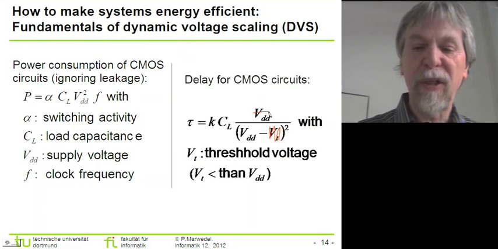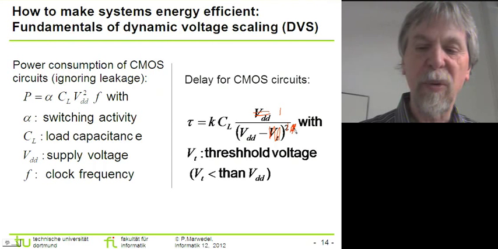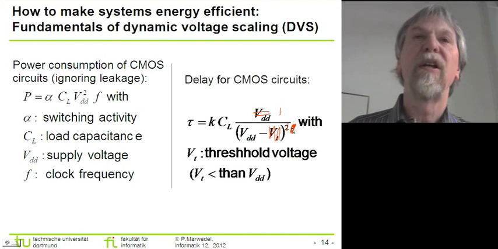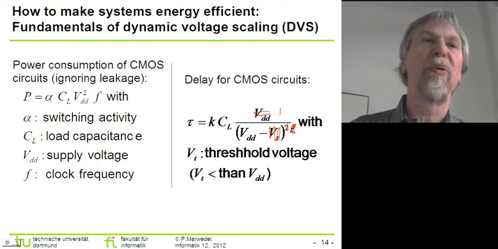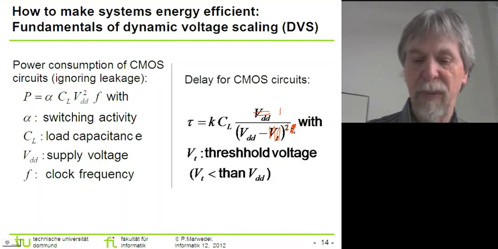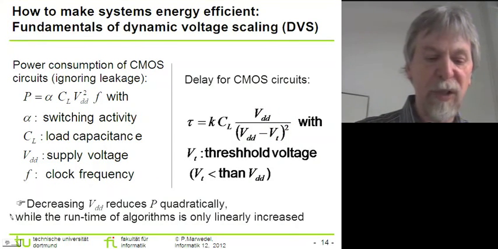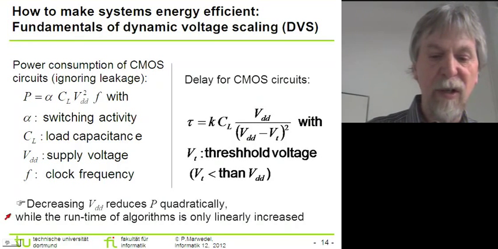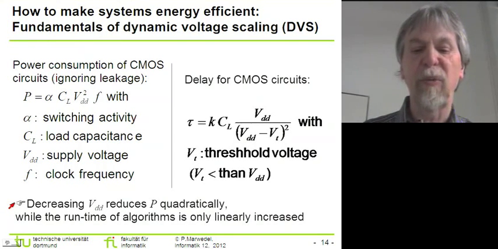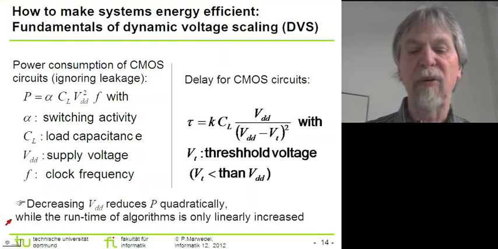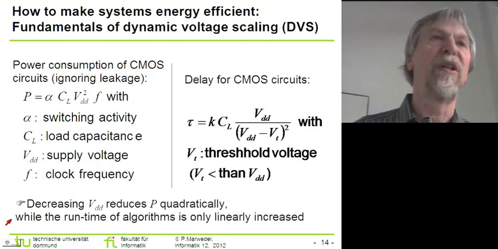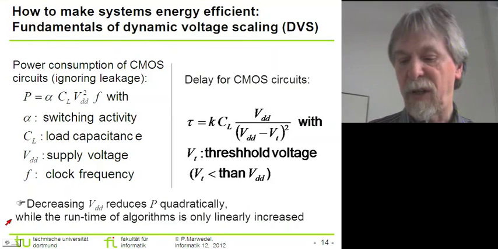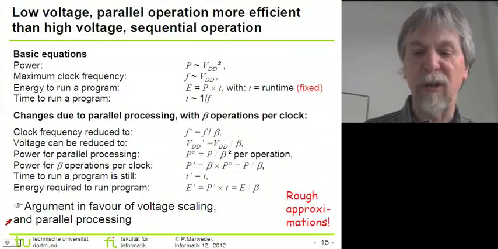If we do that, we can simplify this equation, and we would have, as a result, one equation where we see that the delay is inversely proportional to the supply voltage, which means that if we decrease the supply voltage, we will be decreasing the power quadratically, while the runtime is increasing only linearly. And this is a very nice effect that we can try to exploit.